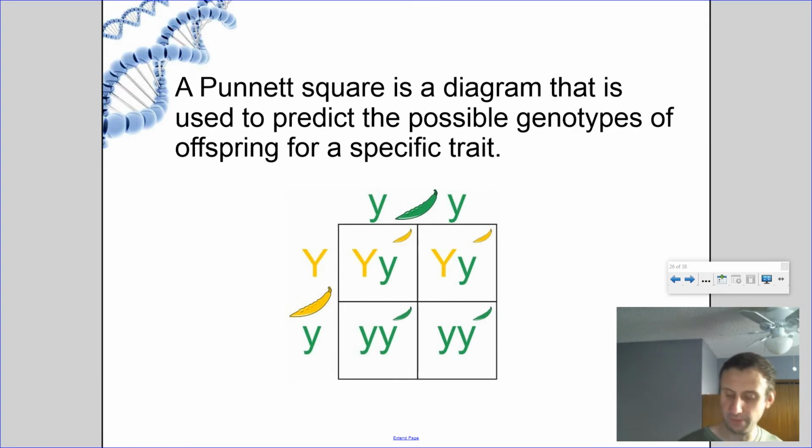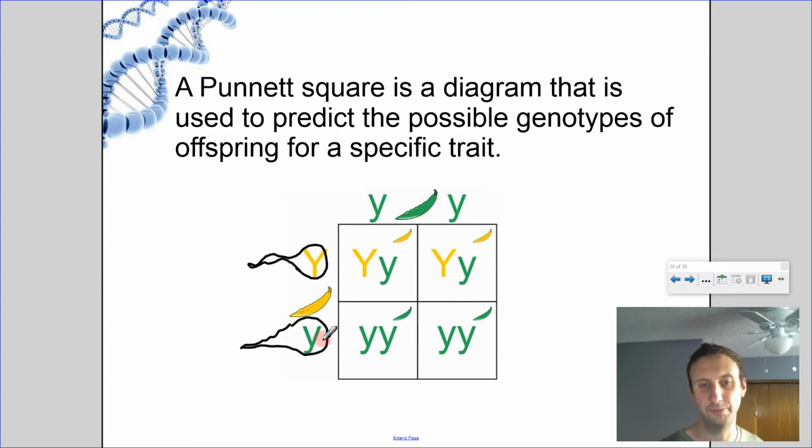So what we do is we make one side for the dad and one side for the mom. Now this is talking about peas, so it's kind of weird to talk about dad and mom because it's both at the same time. You've got the stamen, and then you have the pistil, right? Female parts. But let's talk about this as being from the man. So I actually often like drawing a little sperm here to show that it's the trait that's in the gamete.